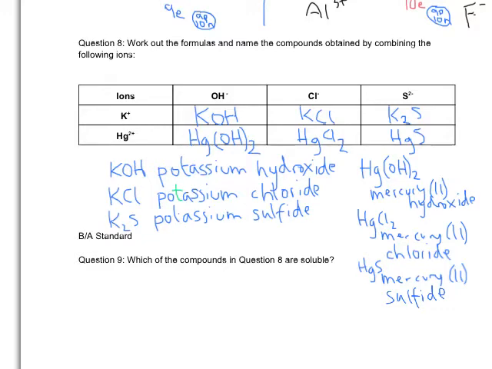If I have a look at my solubility rules, I can see quite clearly, if we start off with this one over here, KOH, it says alkali metal group 1 compounds are soluble. That means lithium, sodium and potassium ion compounds are soluble. Here I'm looking at the precipitation sheet on page 2 in the going further section.